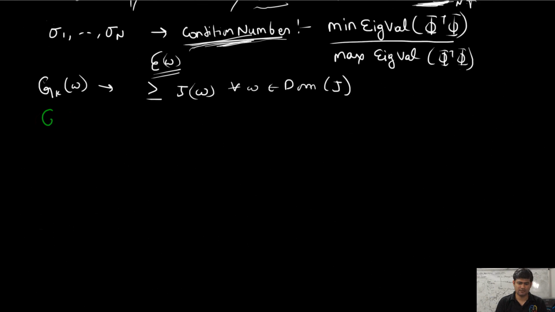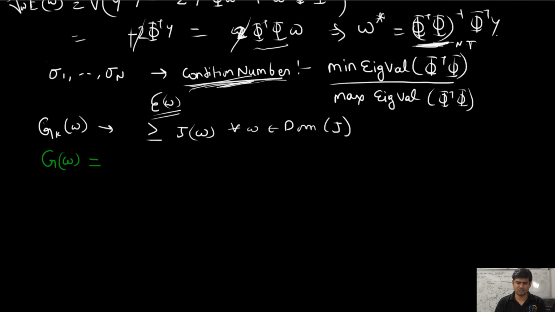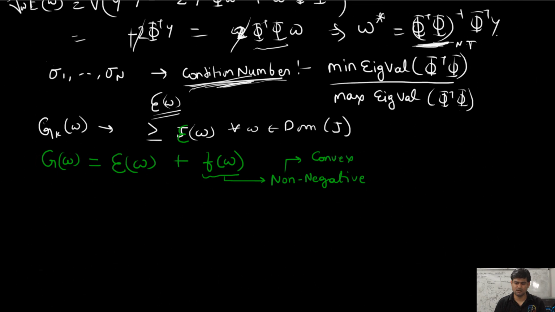So we can select g of w as some function which is, sorry, here instead of g of w I should have written E of w, because currently we are minimizing the function E. So this function should be E of w plus some function of w, let's call it f of w, where this function is non-negative and perhaps convex as well as differentiable.